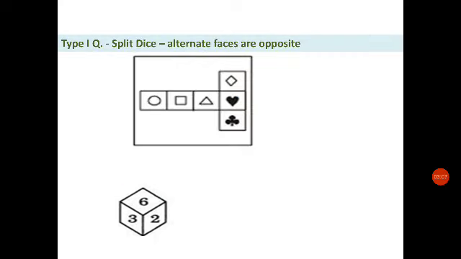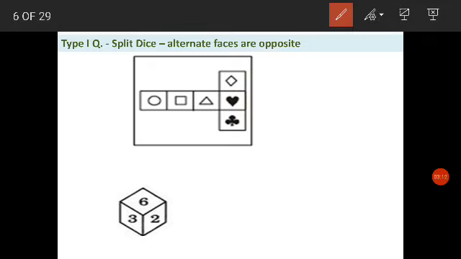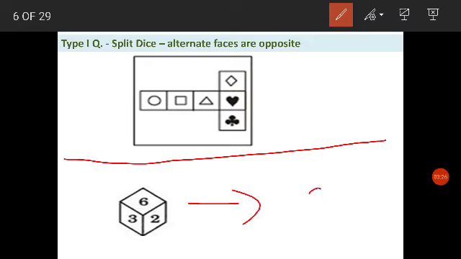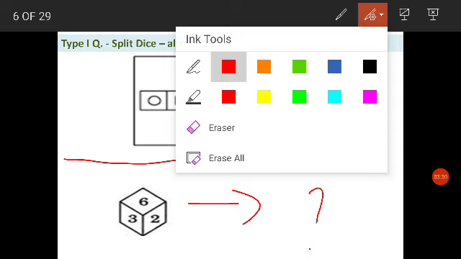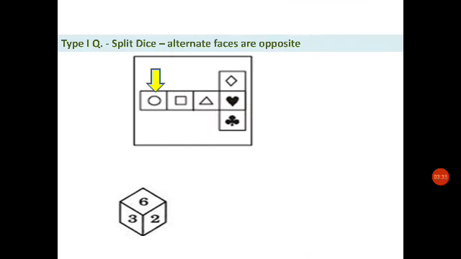Now there are two types of questions asked. One is you are given a split dice and you have to find out the faces, and the other one is you are given a dice and then you have to find out the numbers or whatever particular question they ask. In a split dice, remember that every alternate square is opposite to each other.